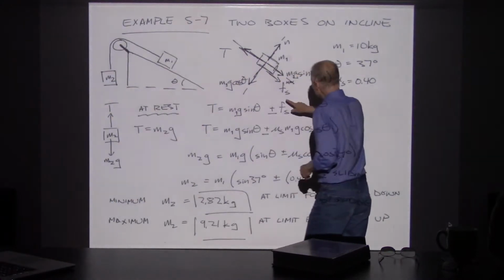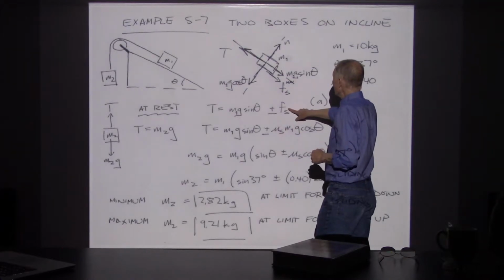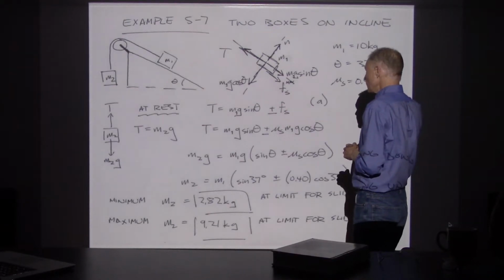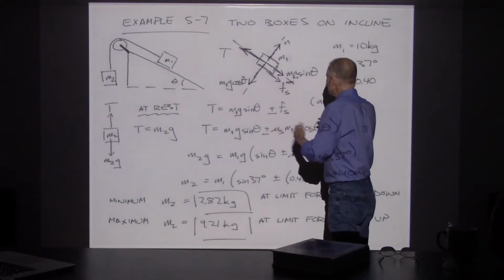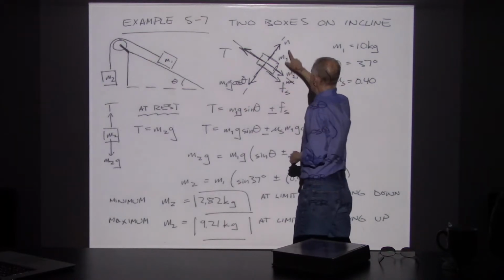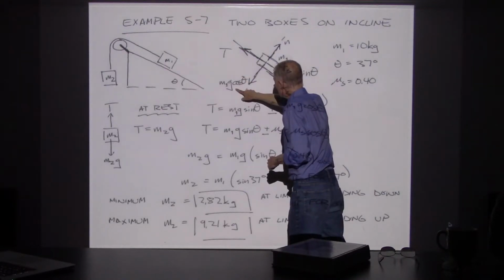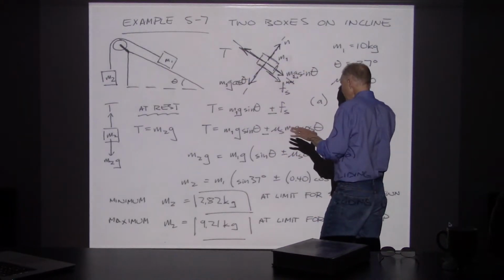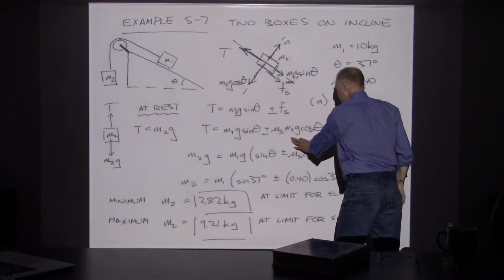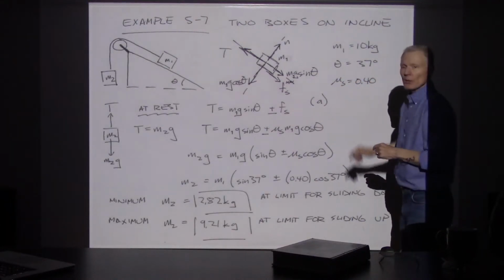Now, the static frictional force, if you remember from last class, can be represented as mu sub s times n, and n is equal to m1g cosine theta. I'm surprised I didn't write out the details of this, but we have done it a few times already. So if I combine that, this is mu sub s times the normal force, and the normal force has to match m1g cosine theta.